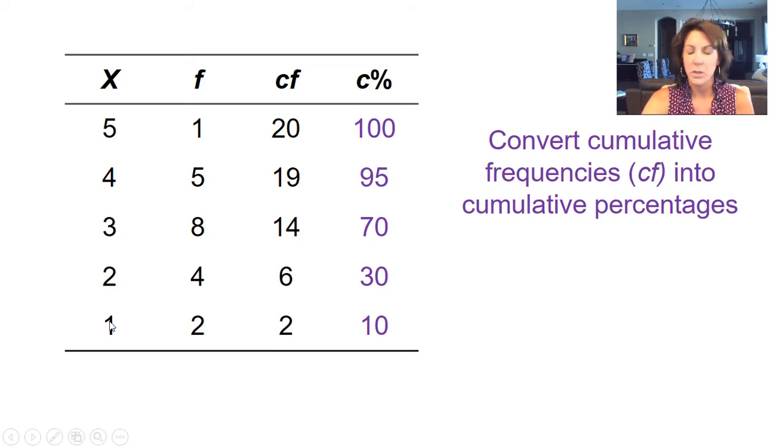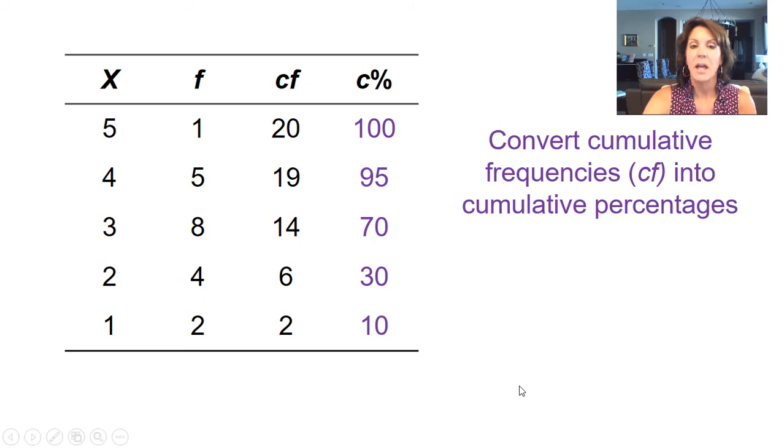When we have a score of 1, that's just 10% of the total. But when we have a score of 2 and 1, the cumulative frequency is 6, which is 30% of the total. By the time you get up to 3, there are 14 scores there. 14 divided by 20 gives us 70%, then 95%, and 100%. So this is how the score percentages accumulate as you go up.